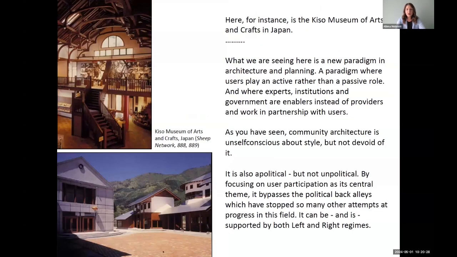So what we have seen so far was practices made mainly in Europe, but we can see these practices, for example, here in Japan.